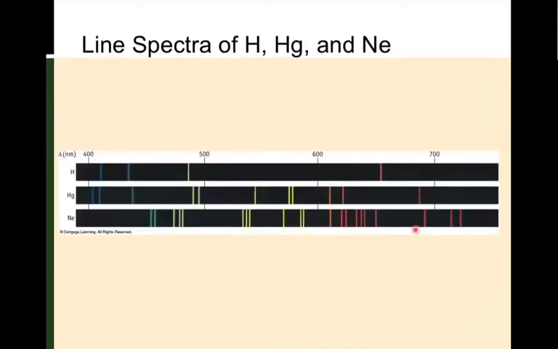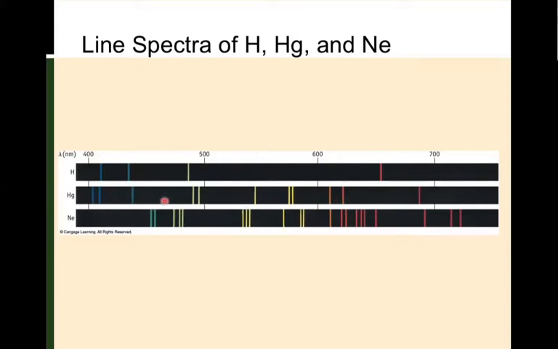Different elements have different fingerprints. For example, hydrogen has about 4 that we can see in the visible range between 400 and 700. There are also some that we can see in the slightly UV, because our eyes can also see a wee bit into the UV, but only a little bit. Mercury has a lot more lines. They are usually quite different from those of hydrogen.